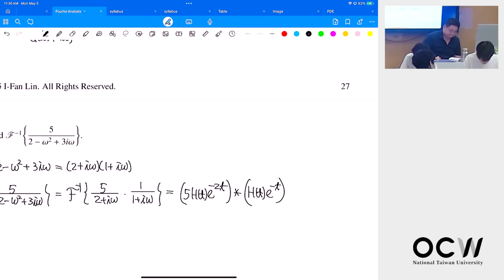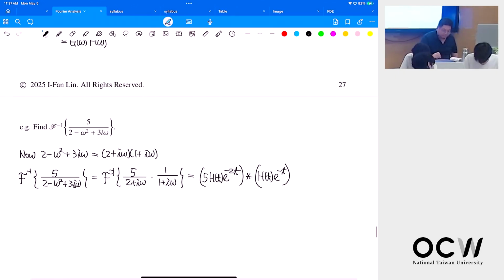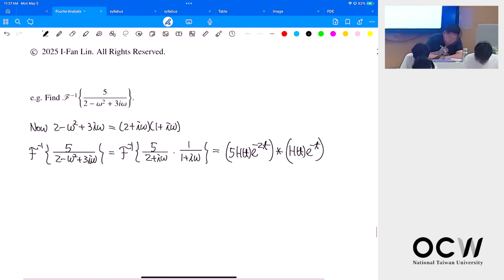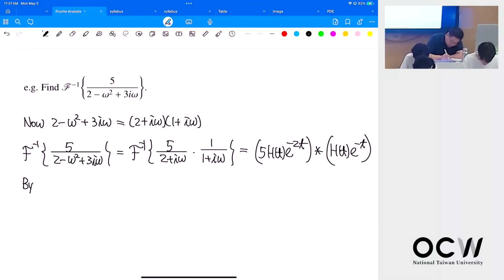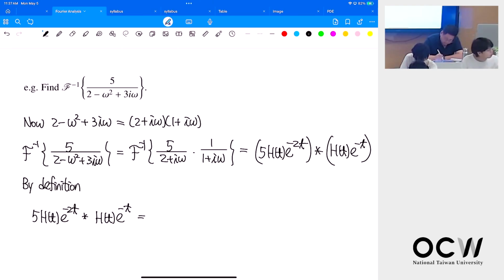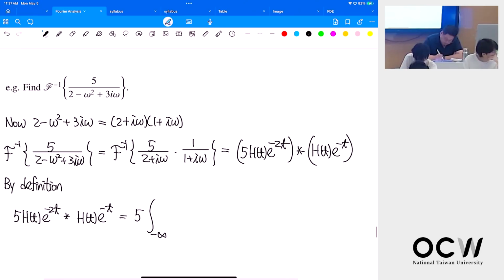So now let's deal with this convolution. By definition, we should have 5 integration. Which one do we want to choose to fix? Let's just fix this one.